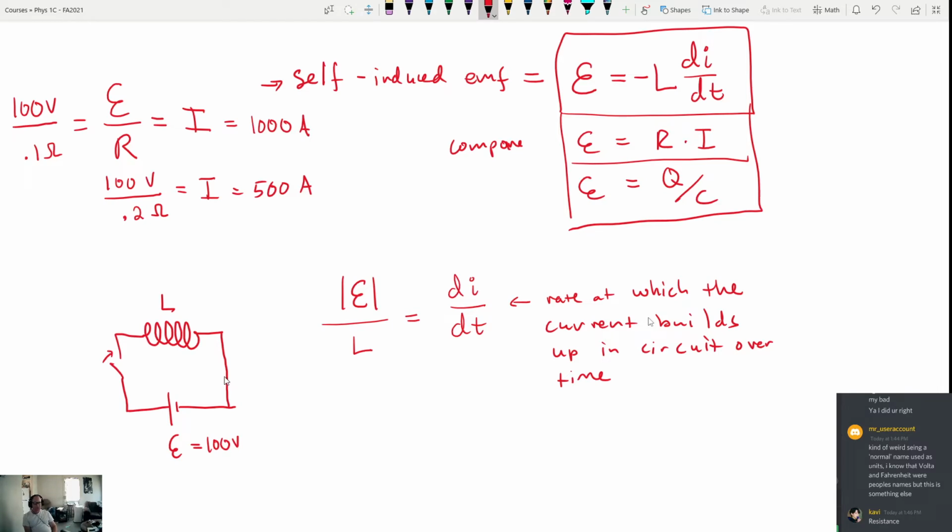Well, you take E over L. So if we take the value of L that we just calculated, which was 1.58 millihenry, and we plug into the top the EMF of 100 volts, then we get di/dt in this case is going to be equal to 100 over that.